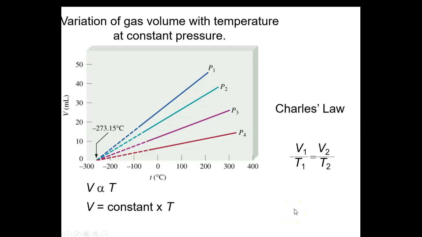We can also say that V1 over T1 equals V2 over T2. For any one of these lines, the volume divided by the absolute temperature at any point here is the same as the volume divided by the absolute temperature at any other point on that line. And the temperature in Kelvin is always the Celsius temperature plus 273.15.